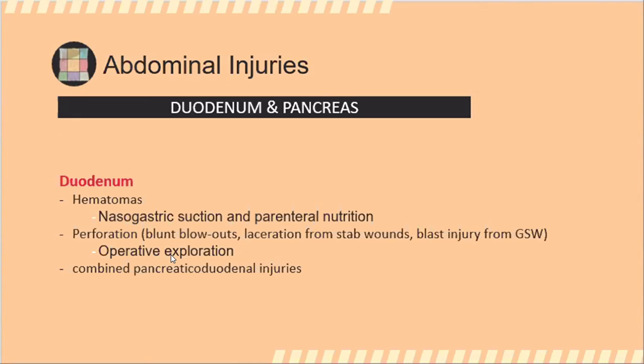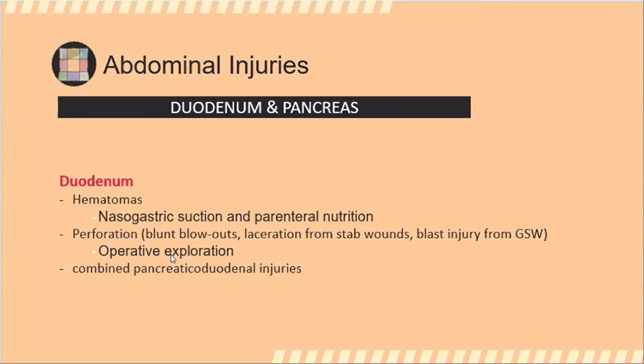Pero kung hematoma lang, conservative management lang. So, NGT lang and parenteral nutrition. So, NPO lang muna, hindi lang muna papakainin for at least 5 to 7 days. Wait for the duodenum to heal. At the same time, decompress the stomach para walang dumadaan sa duodenum.